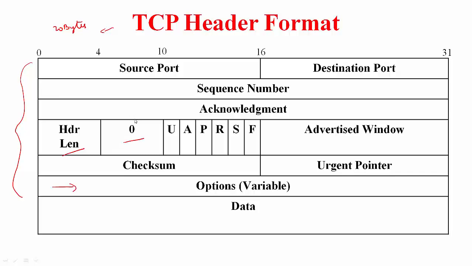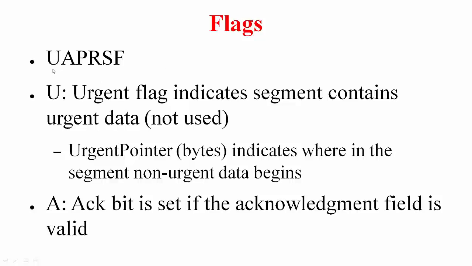Then there is this reserved field which is set equal to 0. Following this are the flags. So let's look at flags U, A, P, R, S, F. So U here stands for the urgent flag. So whenever this flag is set in a segment, it is indicating to the receiver that there is some urgent data as part of the segment and thereby pass this data to the application right away.